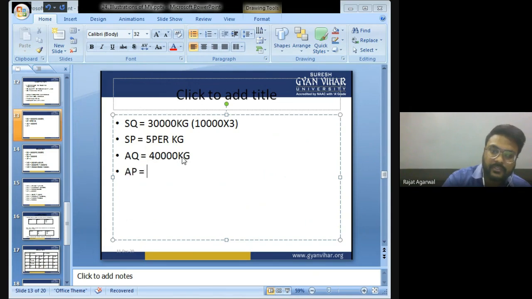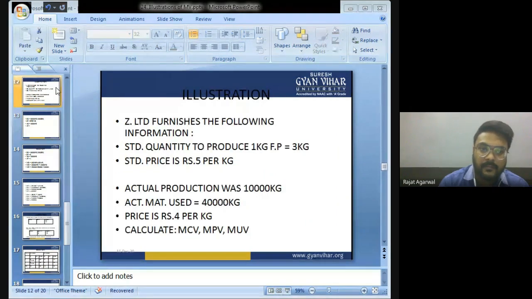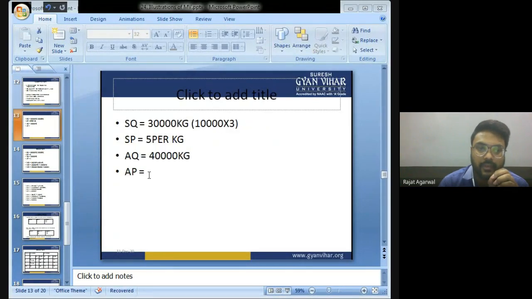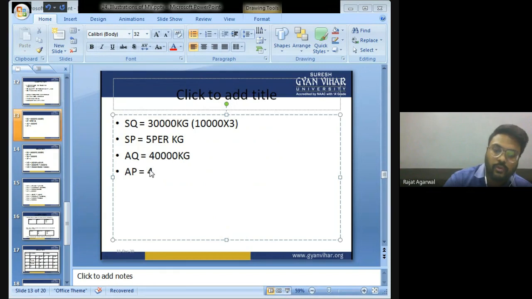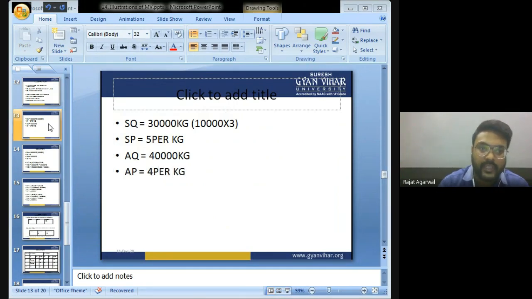Actual price is rupees 4 per kg. Now let's do the calculation.